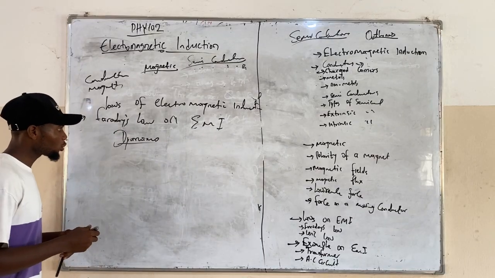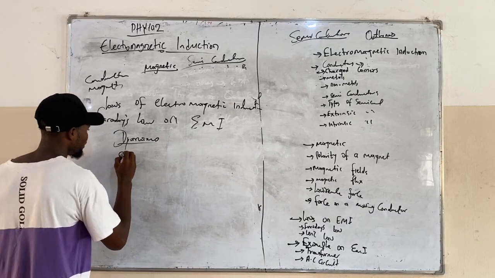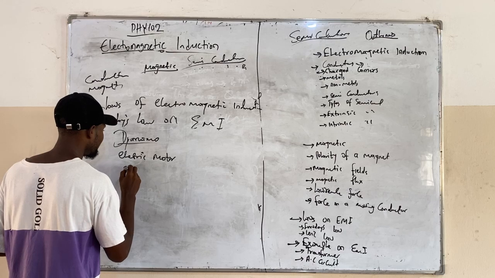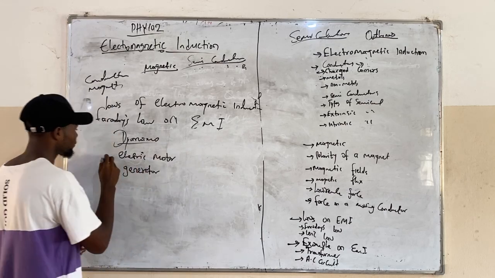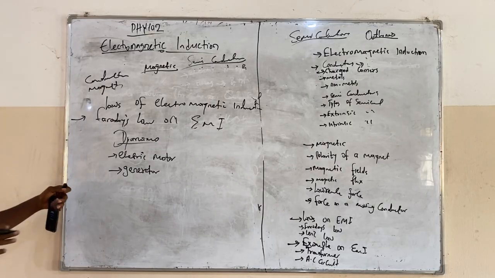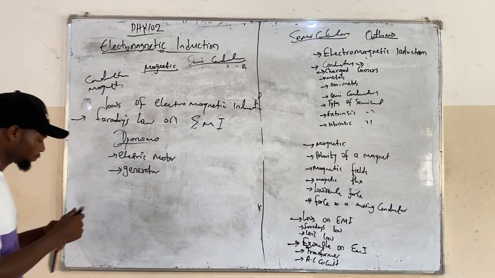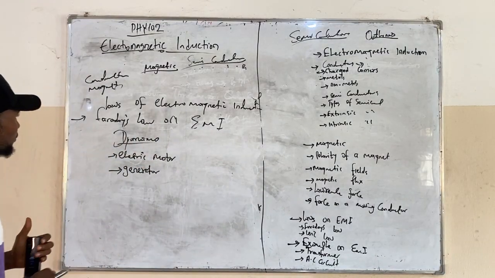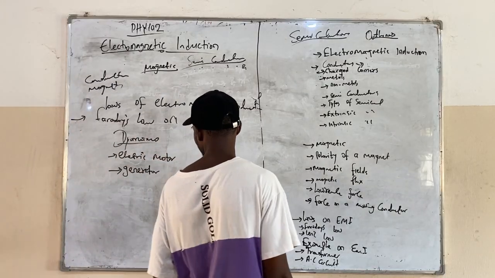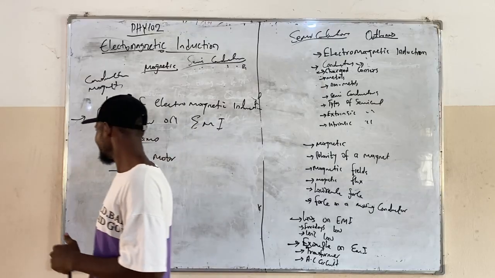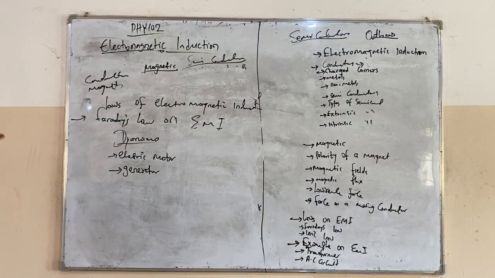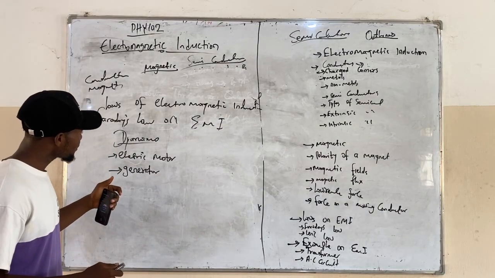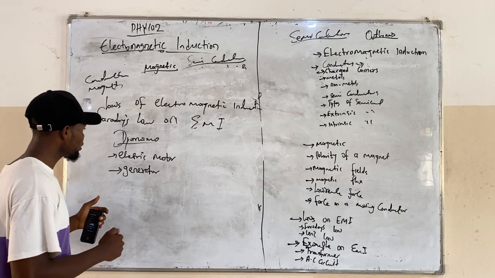When discussing dynamo, there are two concepts you need to know: the electric motor and the generator. A dynamo is an electrical device that converts mechanical energy into electrical energy, and in the same way converts electrical energy into mechanical energy.